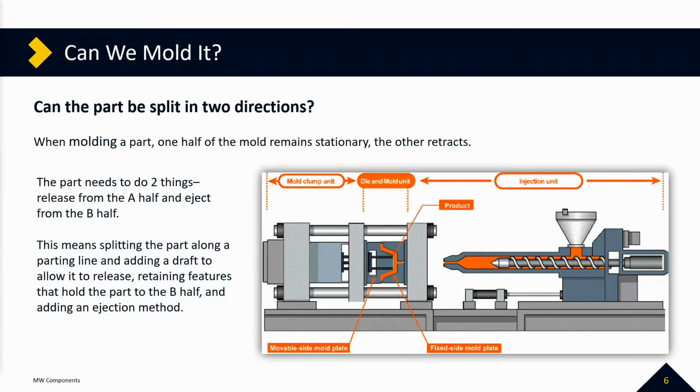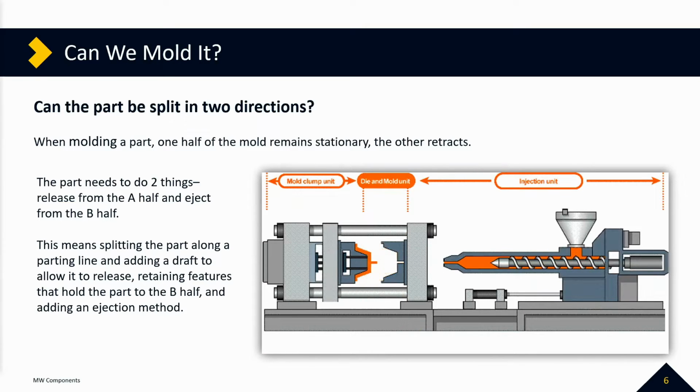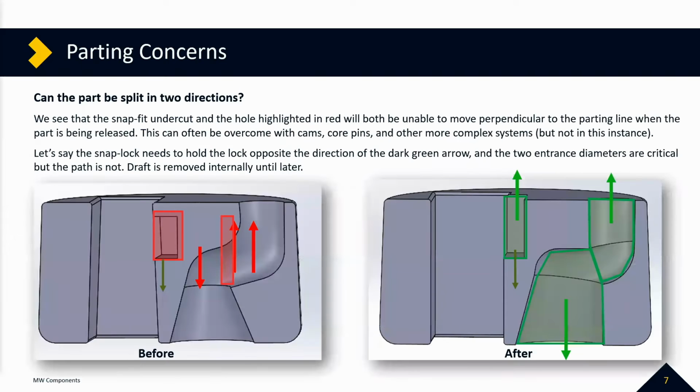So this means that your part has to be able to release from one side and be retained on the other. You need to be able to split along a continuous parting line to properly mold whatever you need to mold. So in terms of our part, can we split this in two directions?